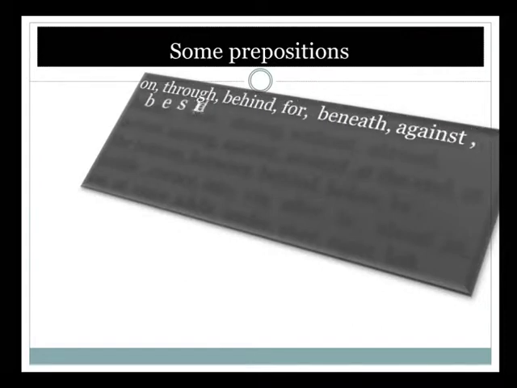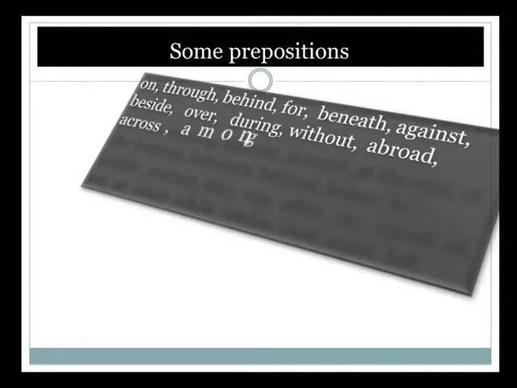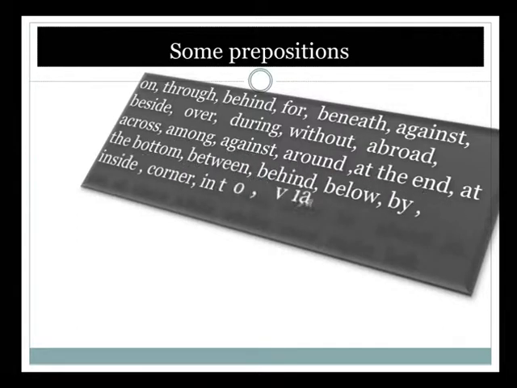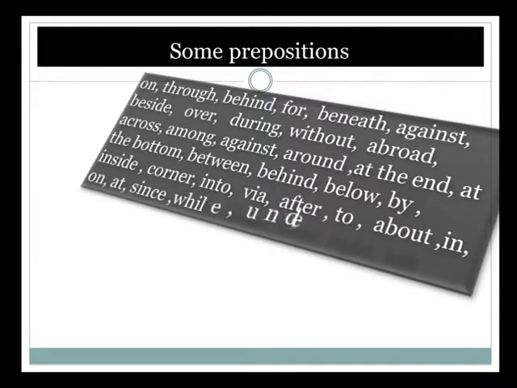So here, as you can see on the screen, we have some examples of prepositions. We've tried mixing simple prepositions and compound prepositions also. Let us see which are the prepositions. On. On is used for showing a position which is on something or on the top of something.